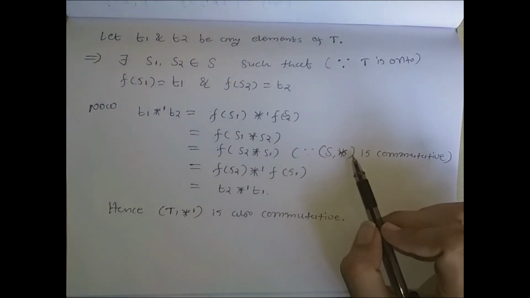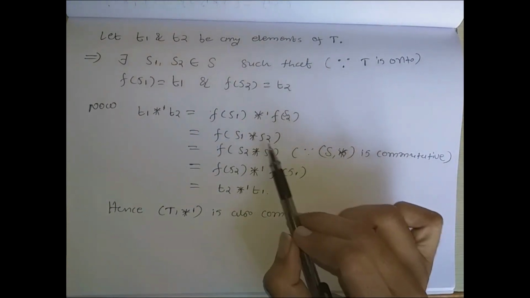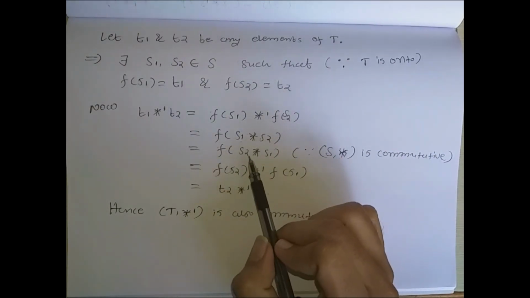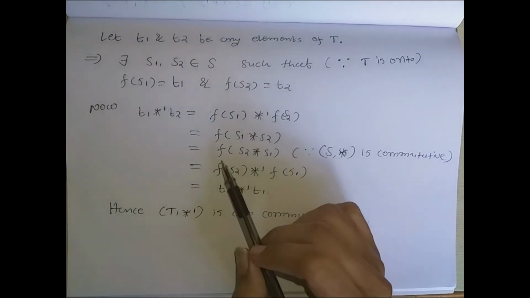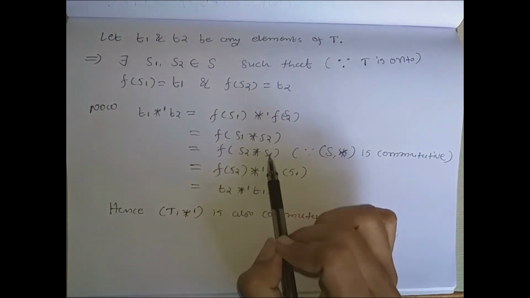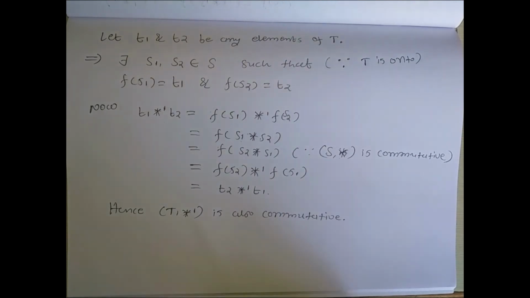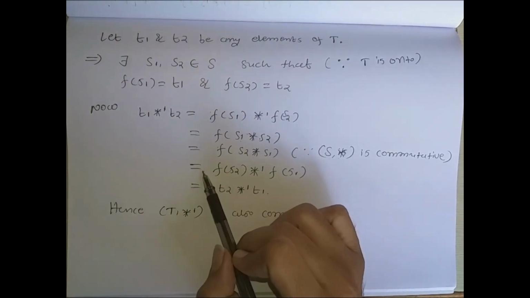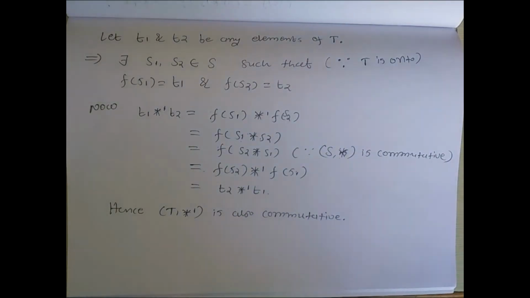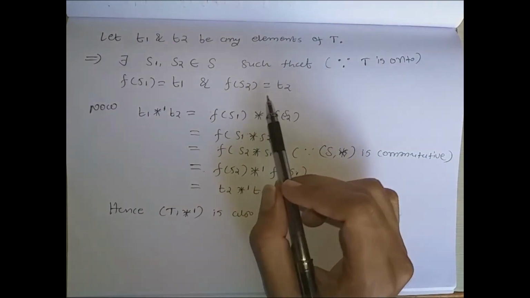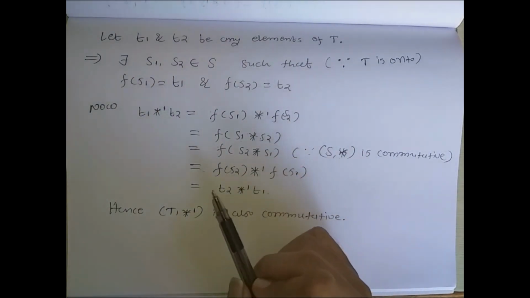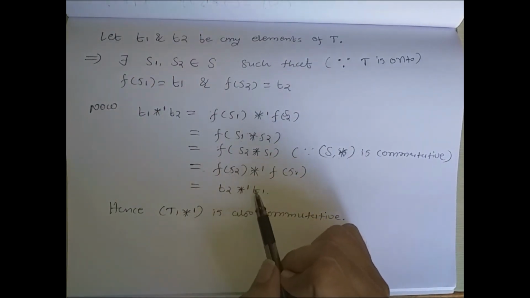Now S star is commutative, so S1 star S2 can be written as S2 star S1. So f of S1 star S2 is equal to f of S2 star S1. Again f is a homomorphism, so we get f of S2 star dash f of S1. Now f of S2 is equal to T2 and f of S1 is equal to T1, so we get T2 star dash T1.